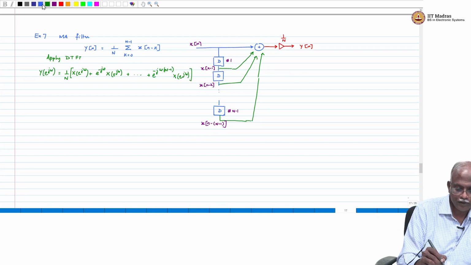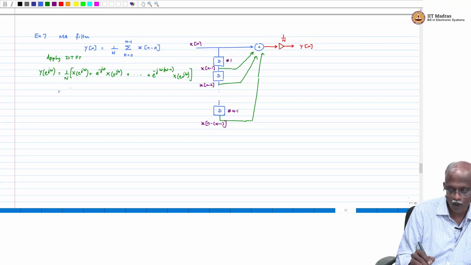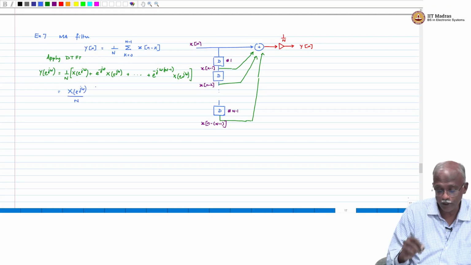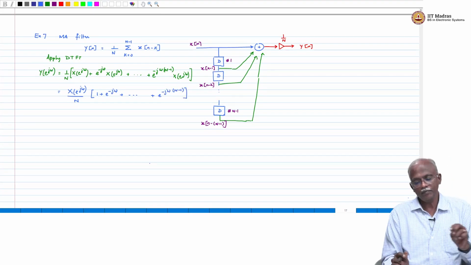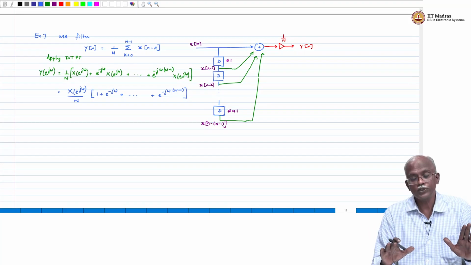You can see that X e power j omega is common. So, we get X e power j omega at the output, scale factor of 1 over N, and what is inside is 1, e power minus j omega, a finite duration geometric series, up to e power minus j omega (N minus 1). Okay. So, I am sure you are comfortable so far.